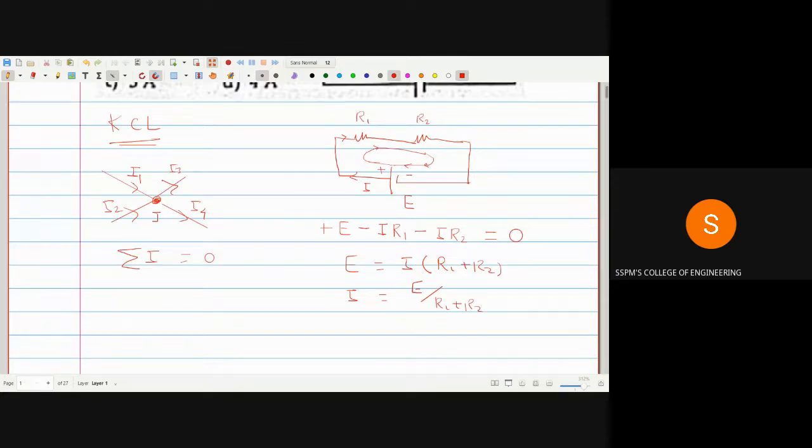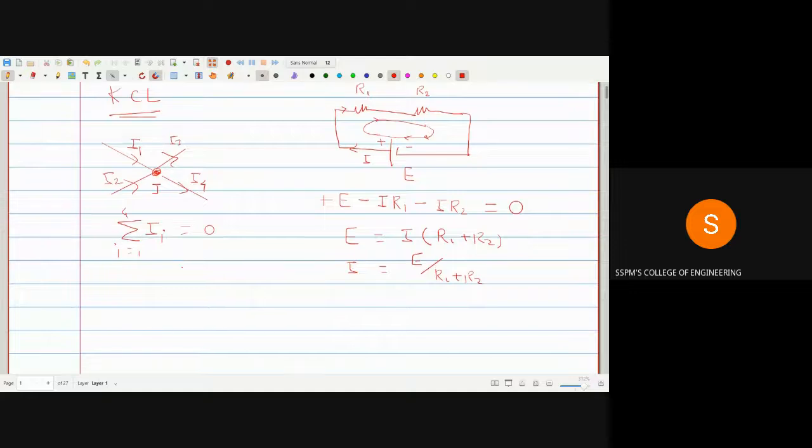But there are how many components? 4 components, isn't it? So you can divide the total current into 4 components. There are 4 components here. You can take I is equal to 1 to 4, isn't it? Now, the assignment of the sign is very important. Now, if the current I1 is flowing towards the junction, then you should give the positive sign, plus I1.